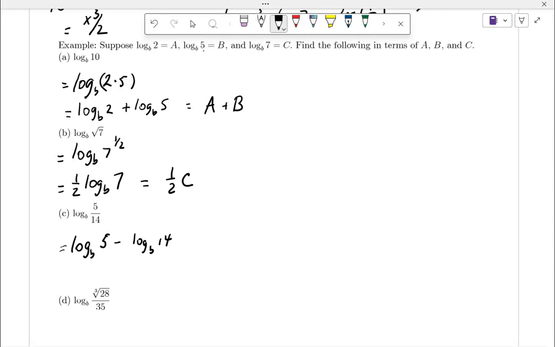Let's look at the log base b of 14. Treat it like we did the log base b of 10. Do you see how to rewrite 14 in terms of 2, 5, and or 7? 7 times 2, good. So I can have log base b of 2 times 7.